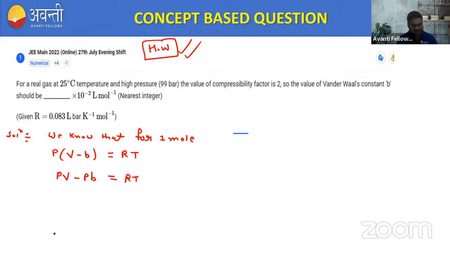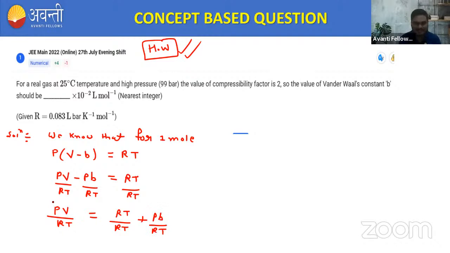ठीक है? Now, just divide the whole term by RT. So फटाफट डिवाइड कर दो, यहाँ भी RT से डिवाइड किया, यहाँ भी RT से डिवाइड किया और यहाँ भी RT से डिवाइड किया. एक reduced formula बताने वाला हूँ लोगों को, ठीक है? So ये क्या हो गया अब, जल्दी से बताओ मेरे को. This is PV upon RT, right? This is PV upon RT, and this is RT upon RT, or we say 1, और ये हो गया PB upon RT.